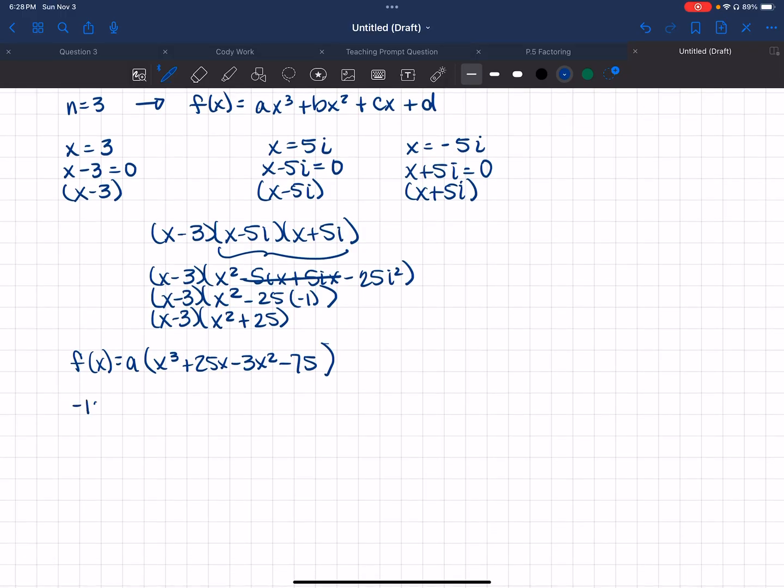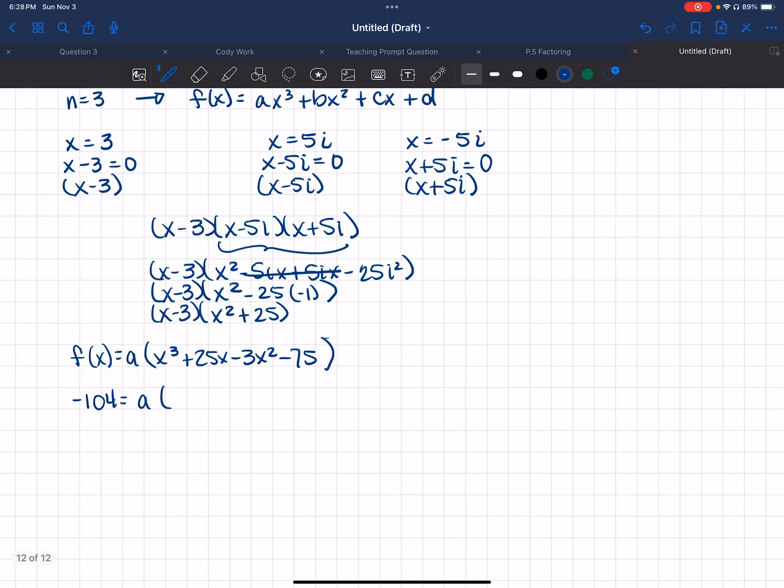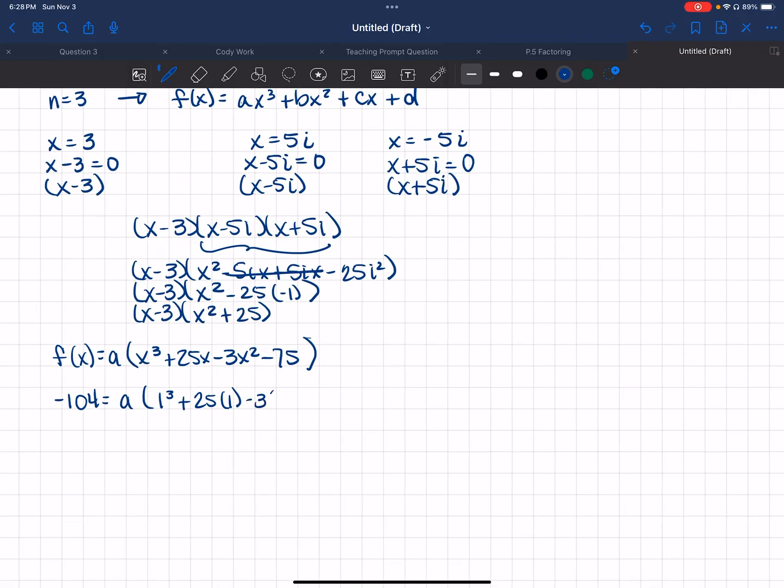So I should be getting negative 104 equals a times, now we're putting in 1, yes. So I've got 1 cubed plus 25 times 1 minus 3 times 1 squared minus 75.